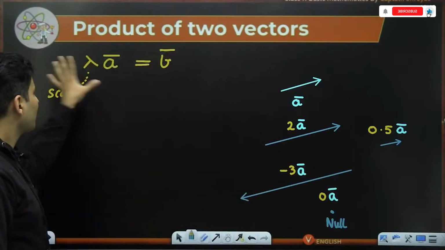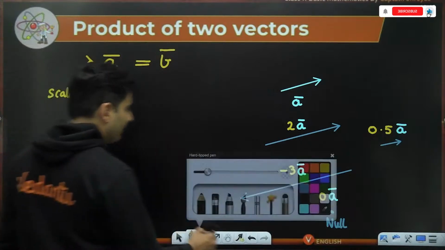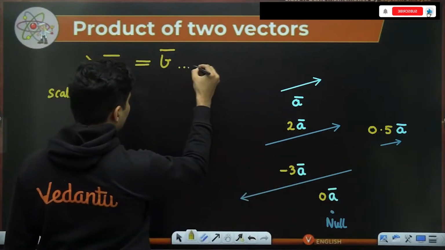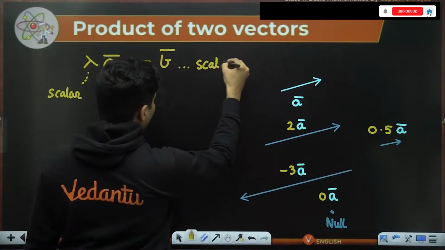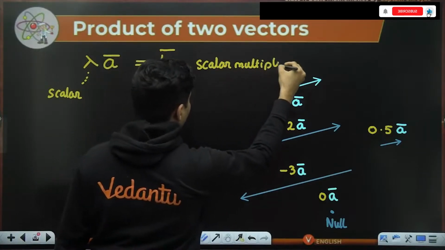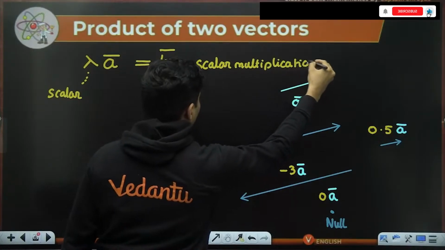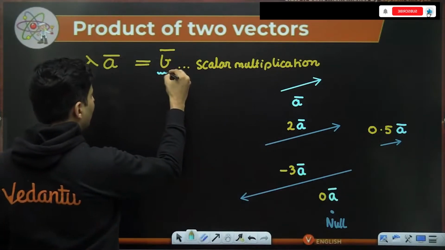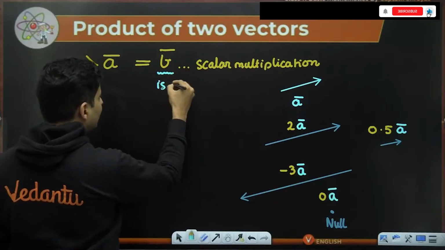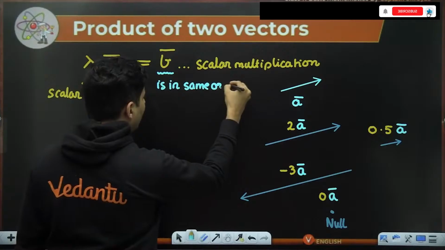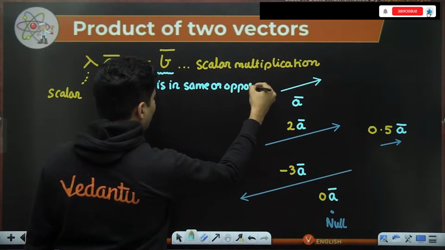Okay, so whenever you multiply a vector with a scalar number, such a multiplication is just called scalar multiplication.